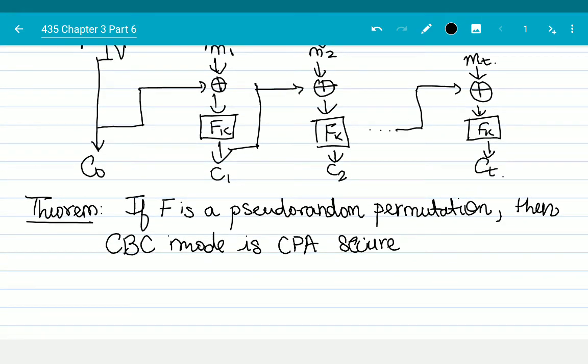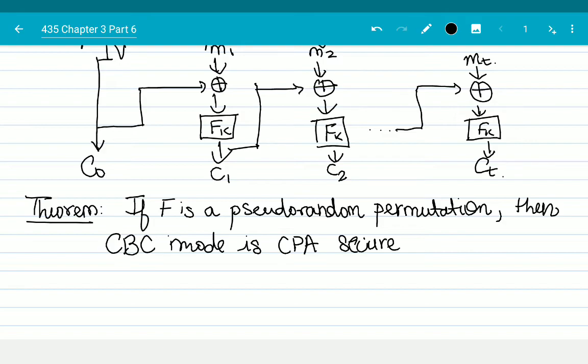The problem with this is that it has to be done in order. In terms of decryption, you first have to find out C0, use that to decrypt C1, use that to decrypt C2, you use that to decrypt C3, and so forth, right?